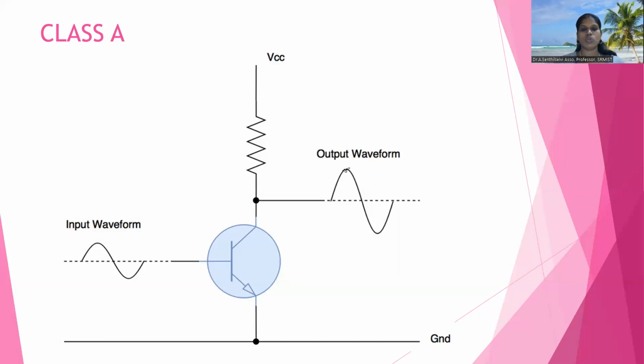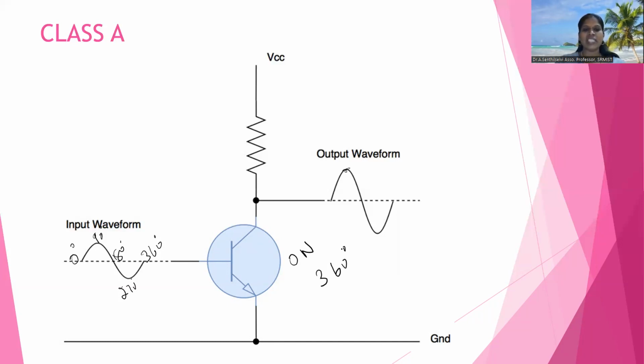Then the transistor works for the entire input signal. It means starting from 0 degree, 90 degree, 180 degree, 270 degree, 360 degree, the transistor is on for the entire 360 degrees of the input. So it processes the entire input signal.